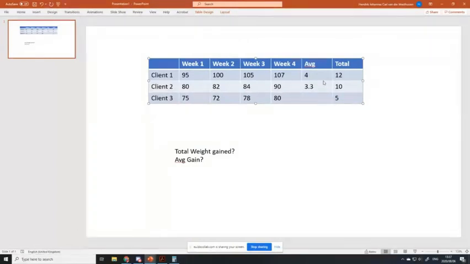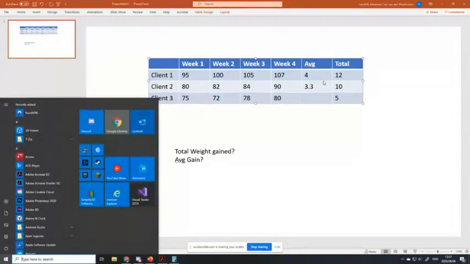which would be, let's see, 1.7. 5 divided by 3 won't be 0.66. I think it will be 1.67, probably 1.67 repeating.